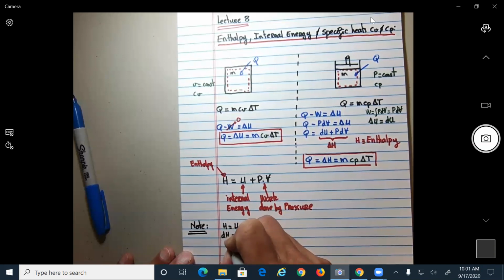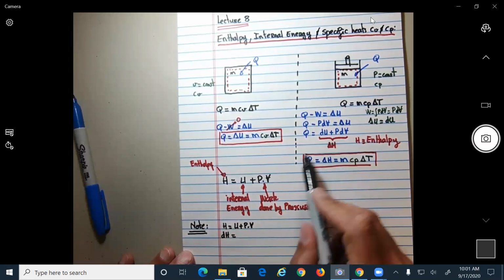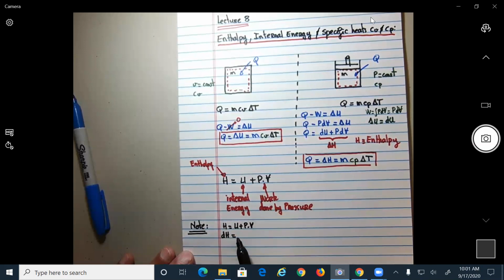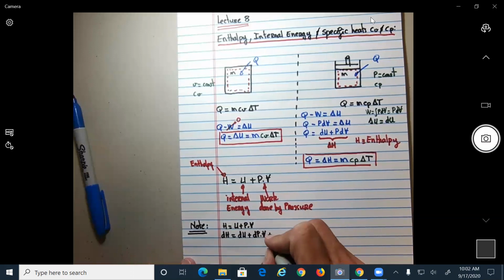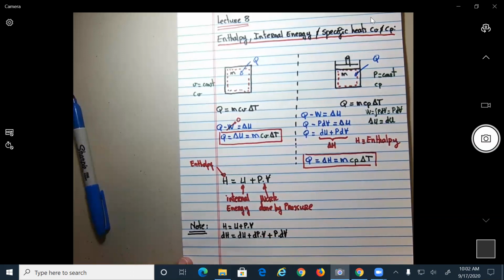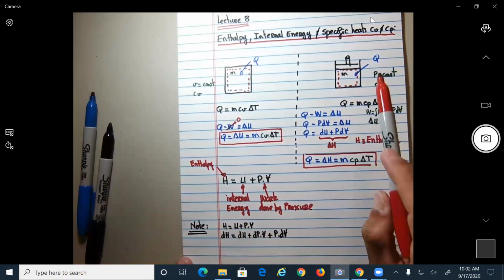What I'm trying to show is that this over here is equal to this, okay? If you take the derivative of this, that should be equal to what? dU plus dP times V. The derivative of, let's say, uv is u prime v plus u v prime. So the derivative of this, you first differentiate P and leave V constant, plus P dV. But what is the condition that we are using over here?